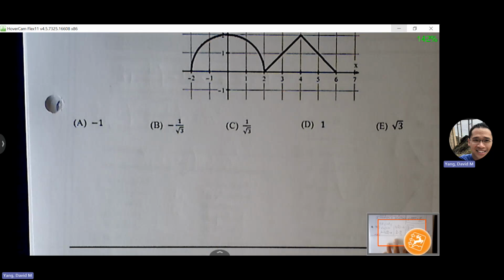So number 20, it says find the slope of the normal line. So what I would do is let's find the slope of the tangent line first. And then once you get that tangent line, then you can do opposite reciprocal to get to the slope of the normal line, right?